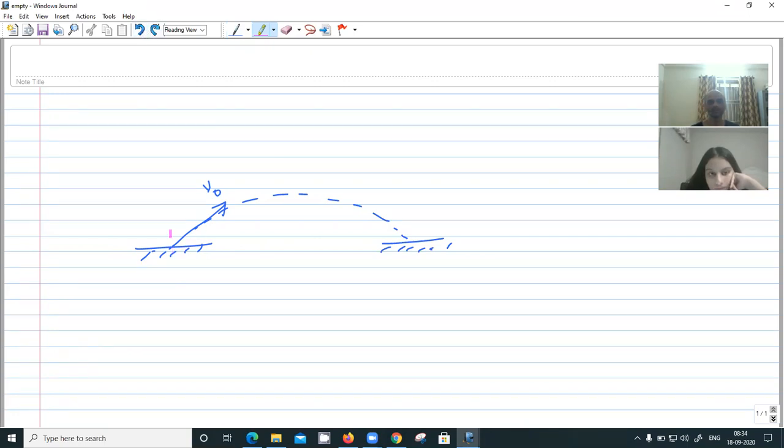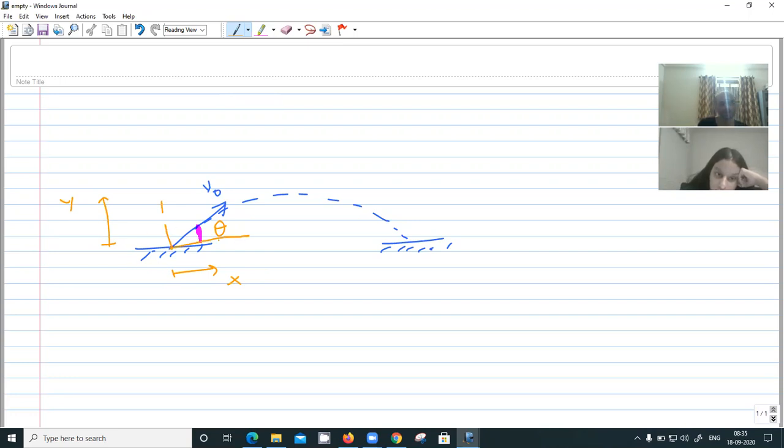Initially, see here, this angle is some theta, right? Yes. So it will have two components, X and Y, horizontal and vertical. I'll choose x-axis like this and y-axis like this. So the origin is here then.